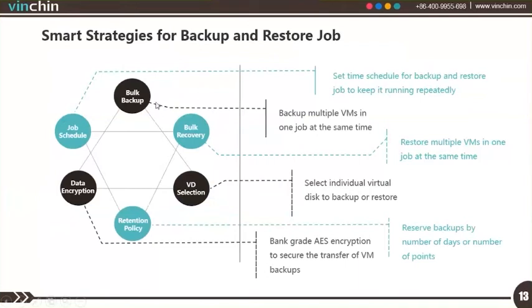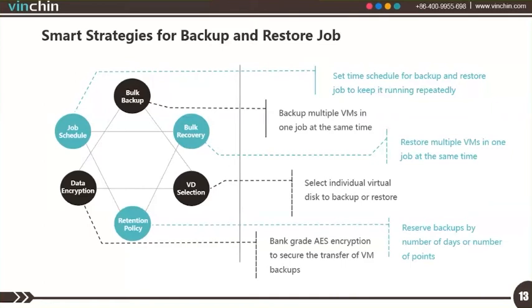And you can use Vinchin to make your smart strategies for backup and restore jobs, including backing up and restoring VMs in batches. You can backup multiple VMs in one job at the same time and also restore them in one job at the same time. Also you can select the virtual disk deep inside the virtual machine to do backup. If you have multiple virtual disks, you can select which one you want to backup, which one you don't want to backup.